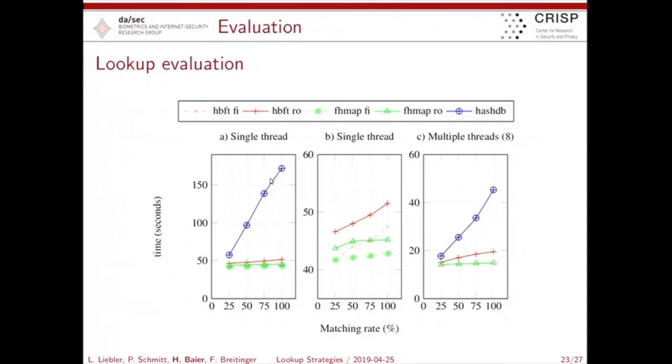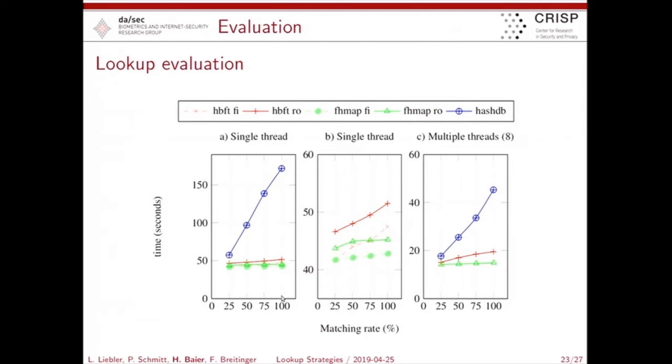You see that the HashDB is the slowest one if you compare fully identical files. This number here means that if per design the seized information is only 75% of the original ones, then you have a decrease of the runtime of the HashDB. This is due to pre-filtering.